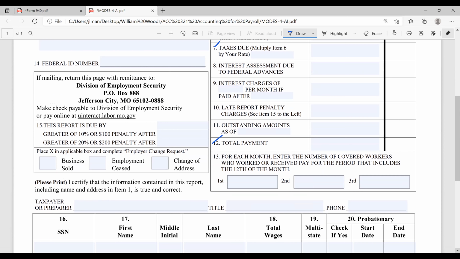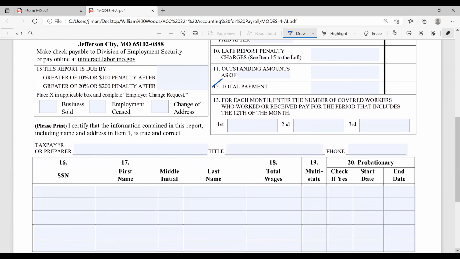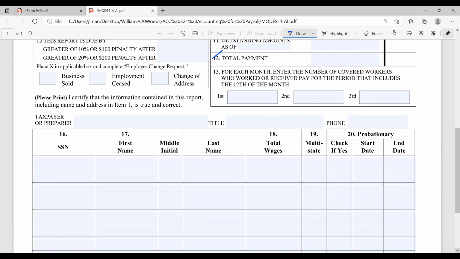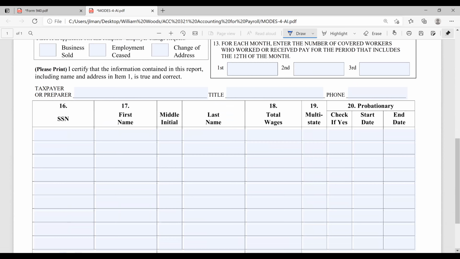And then it's asking for each month, enter the number of covered workers who worked or received pay for the period that includes the 12th of the month. So the first, second, and third period. The list of our employees: name, social security number, total wages.